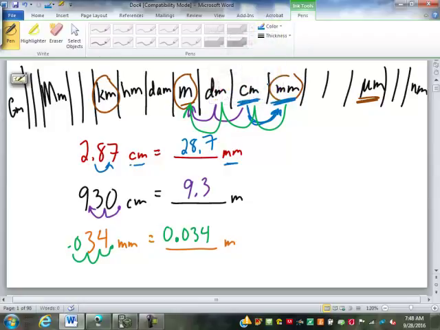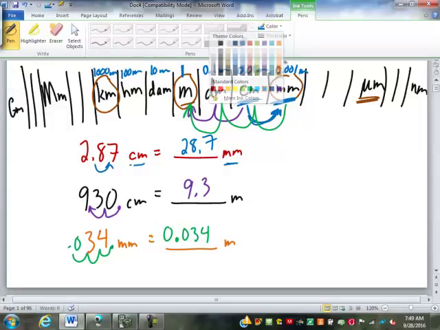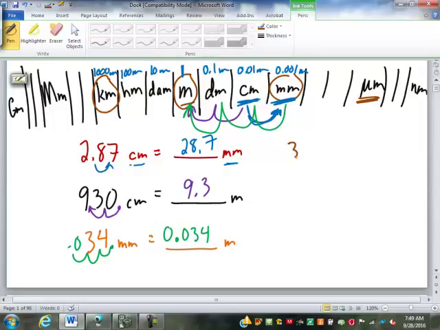Pretty much, yeah. The other way you could look at it is this. If you look at this chart, meter is 1, right? A decimeter is 0.1 meter. Centimeter is 0.01 meters. Millimeter is 0.001 meters. Decameter is 10 meters. Hectometer is 100 meters. Kilometer is 1,000 meters. So I could do like I did with standard units. If I have 34 millimeters, and I want to convert from millimeters to meters, I'm going to multiply. 1 millimeter is 0.001 meters.